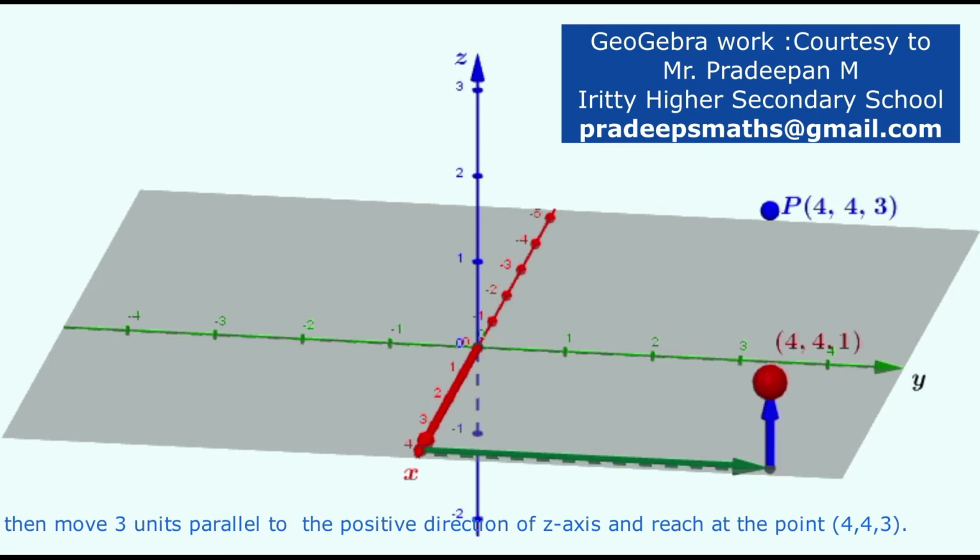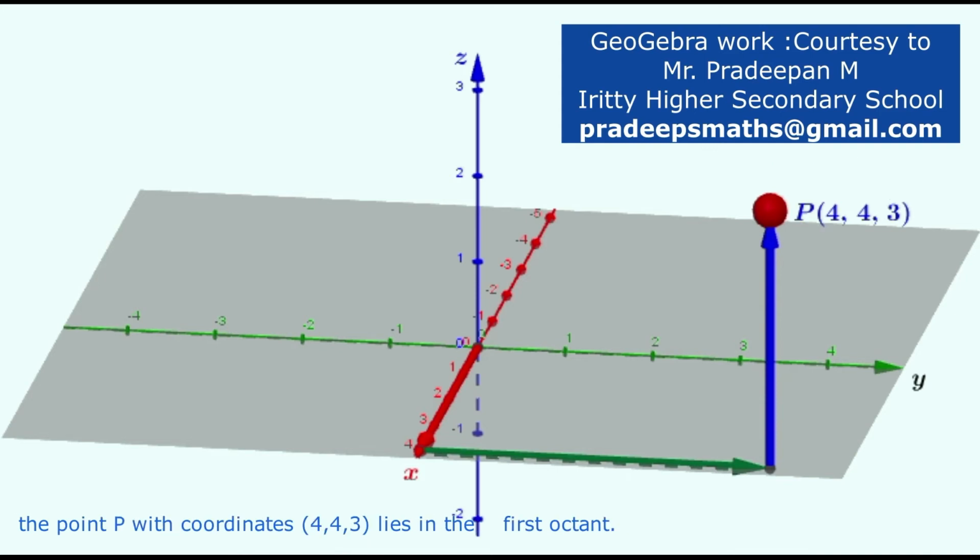Then we move 3 units parallel to the z-axis and reach the point P with the coordinates (4, 4, 3). The point P with the coordinates (4, 4, 3) lies in the first octant.